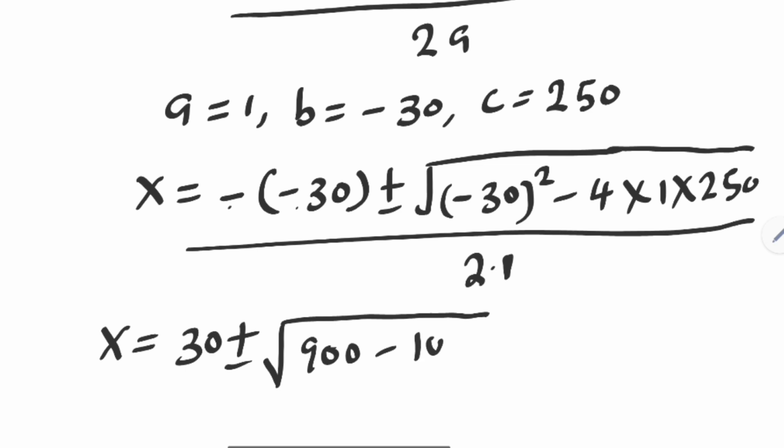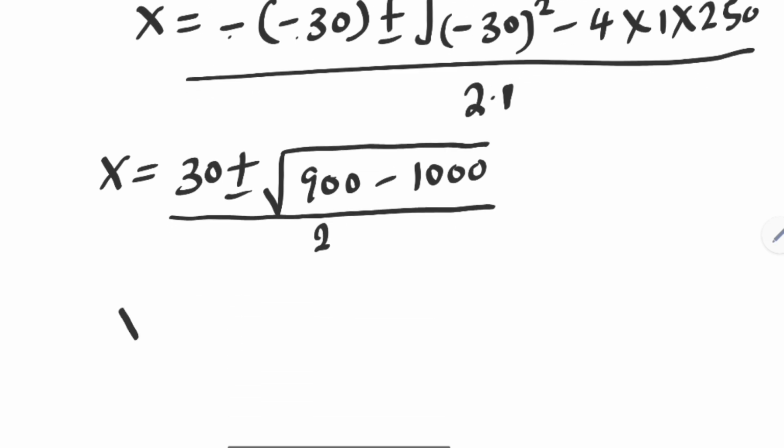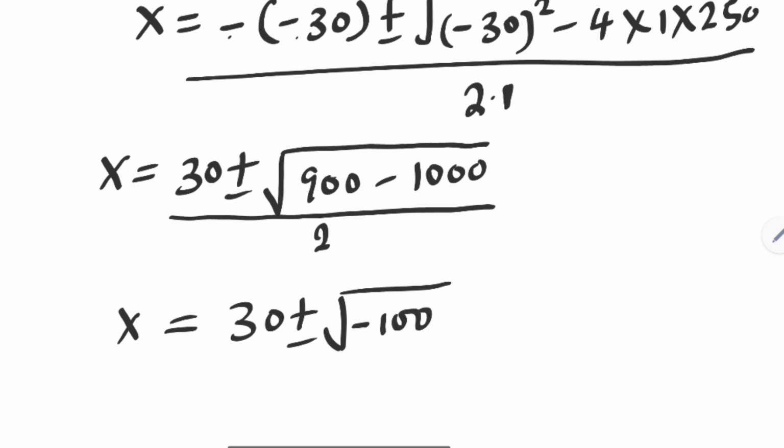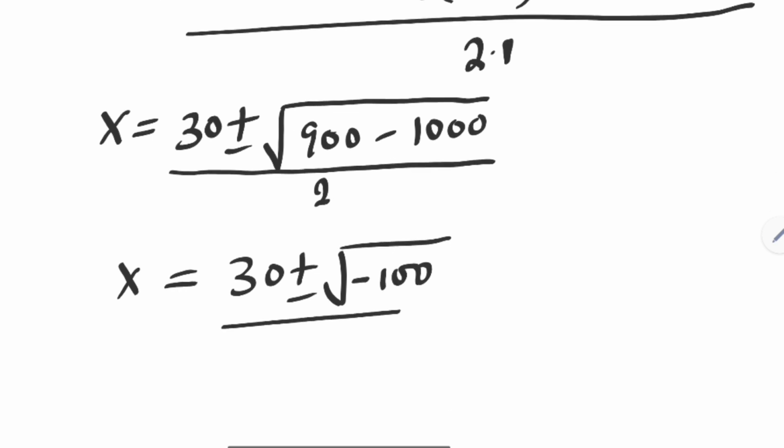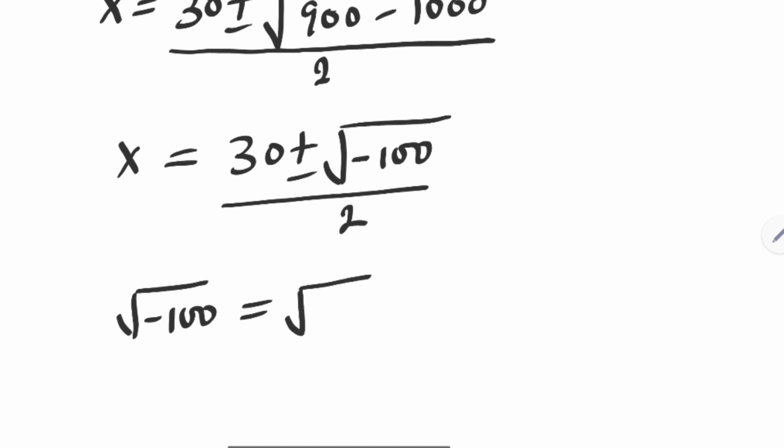That is 1000, divided by 2 multiplied by 1, 2. x is equal to 30 plus or minus square root of 900 minus 1000. This is minus 100, divided by 2. Now, square root of minus 100 is equal to square root of 100 multiplied by minus 1.